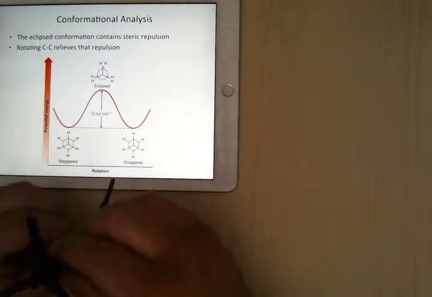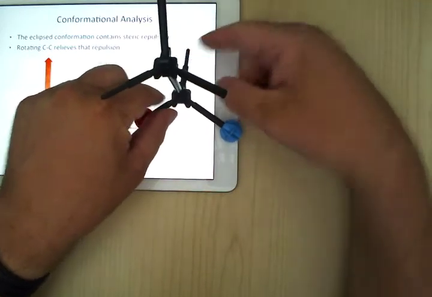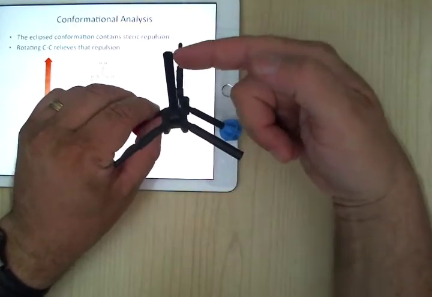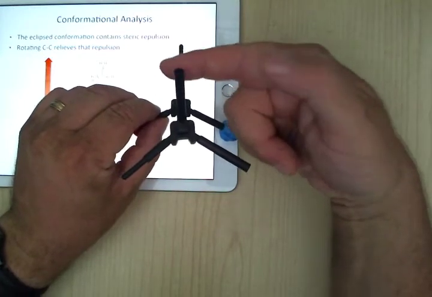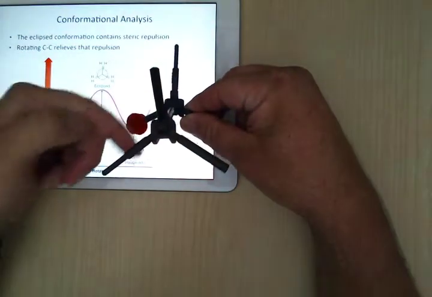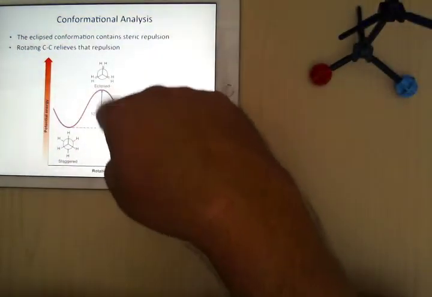So if you were to plot these, there's a lot of steric repulsion, and when you have an eclipsed configuration, the groups are actually able to feel each other. So here and here and here, and that's going to create a little bit of repulsion.